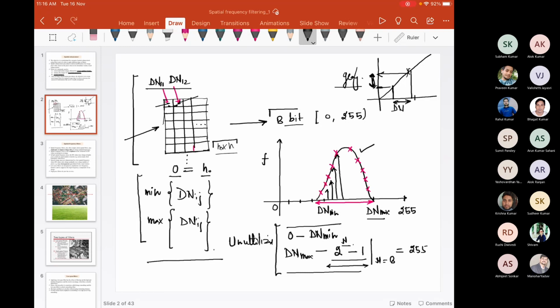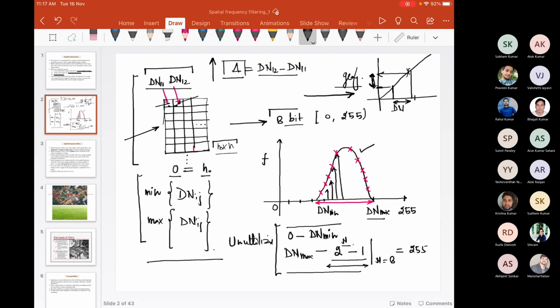If this is your objective, how can it be done? Increase the contrast of the image. This is the process through which we can do it. Considering the earlier discussion, ultimately the difference delta, that is DN12 minus DN11, needs to be increased.